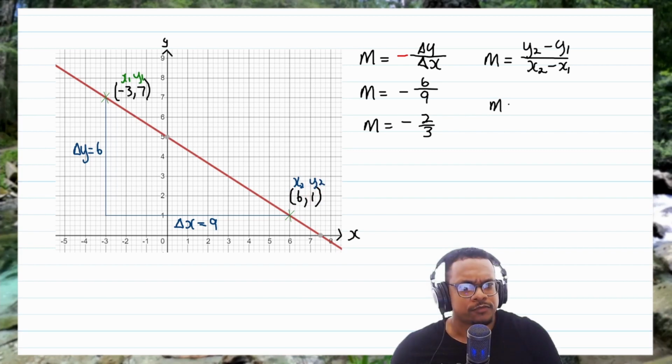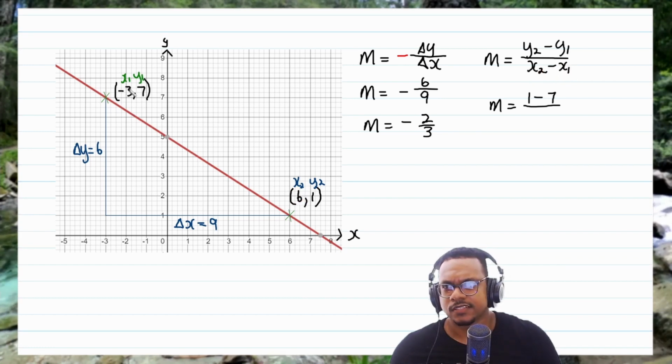So when I'm writing my formula now, I have y2 take away y1. So that'll be positive 1 take away positive 7. So I'll have 1 take away 7 divided by, and then I'll have x2 take away x1. So that'll be positive 6 take away negative 3.